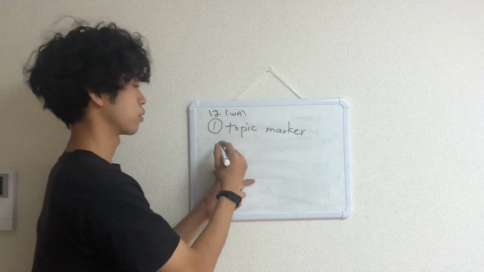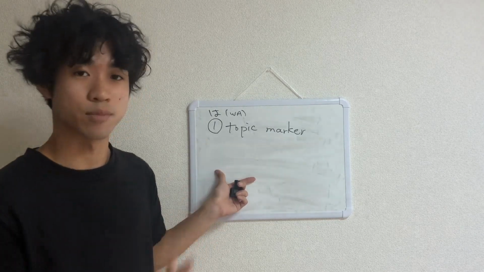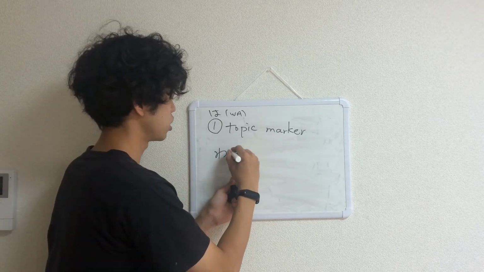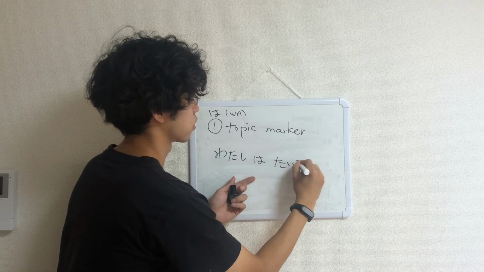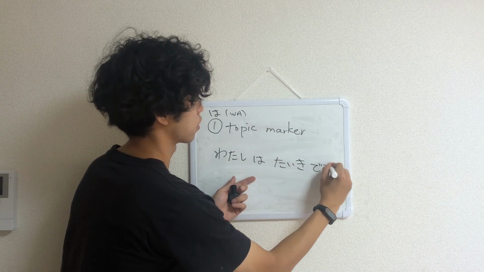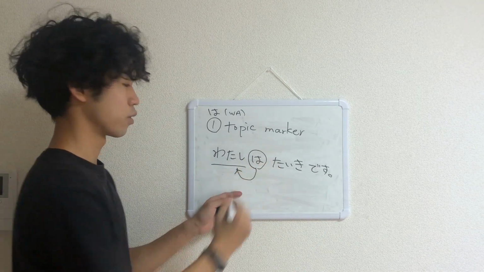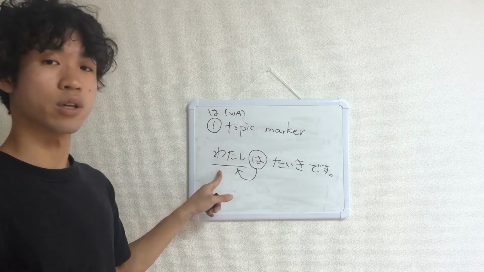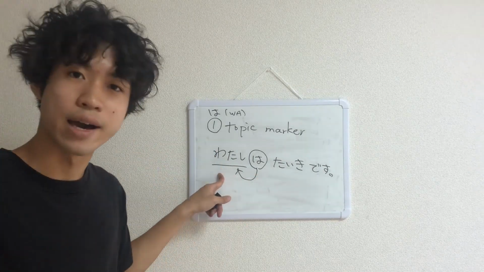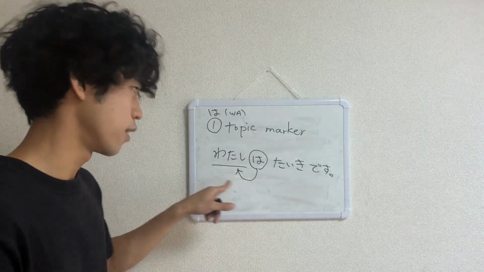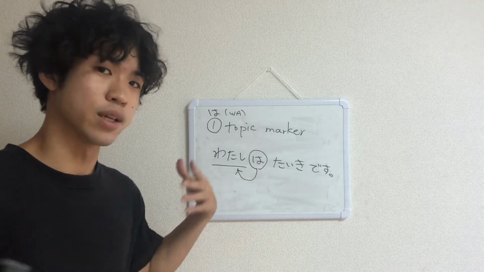For example, let's go back to Watashi wa Taiki desu. My name is Taiki. I am Taiki. So, watashi, so you want to look at the word before. Wa indicates, well, I'm talking about watashi, which means I. So, as for I, I'm Taiki. As for Taiki, right? So, this is coincidentally being is here.